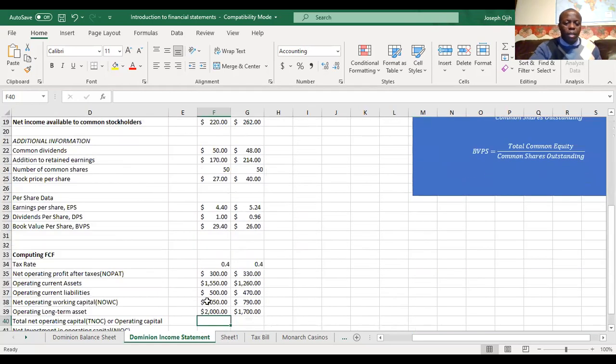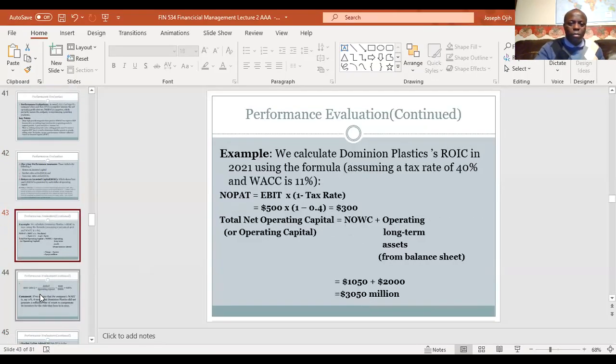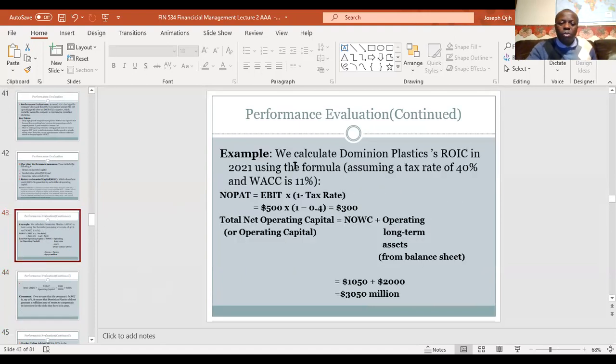Okay. Now, based on what I have just explained, the computational formula for return on invested capital is as follows: NOPAT, which is net operating profit after tax, divided by operating capital. That's the formula. So let's calculate the Dominion Plastics return on invested capital using the formula.